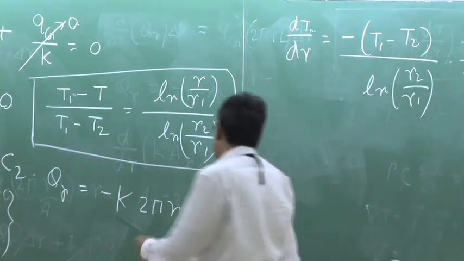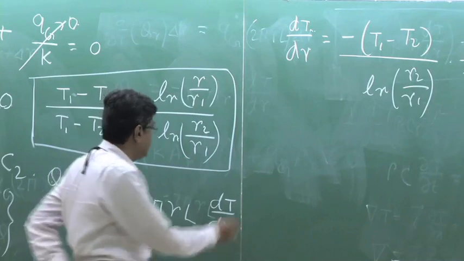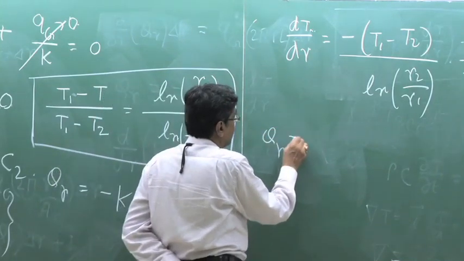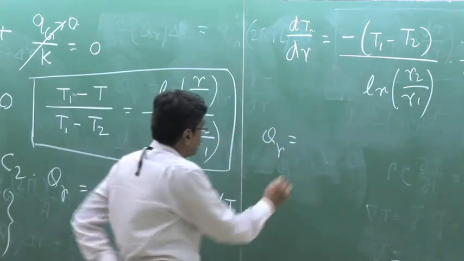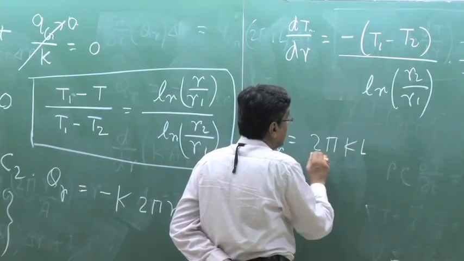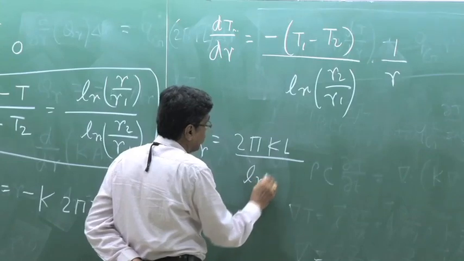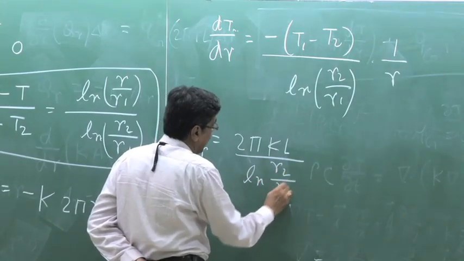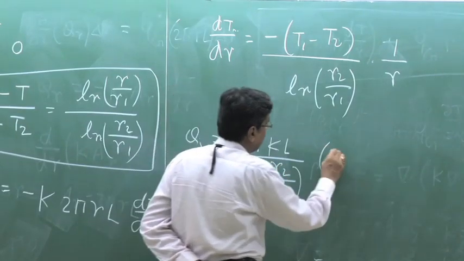And if you multiply here, that r cancels, and minus minus is plus, so Q_r becomes twice pi kL divided by ln r2 by r1 into T1 minus T2.